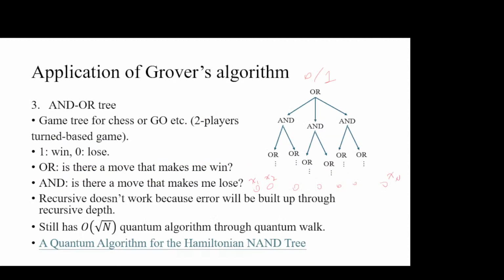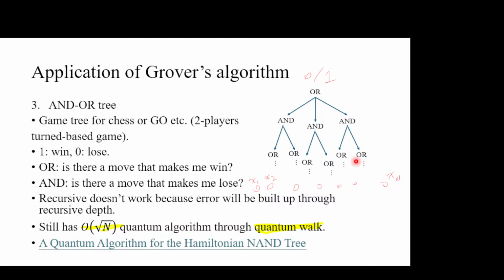So recursion doesn't solve the AND-OR tree, but it turns out there is still a square root algorithm, and it's by quantum walk, actually continuous-time quantum walk. It's an interesting paper, and you can look it up. So it's a quantum algorithm for this NAND tree. I guess it will be a bit hard to read this paper, but it's quite interesting because you use some physics ideas to solve this tree problem.